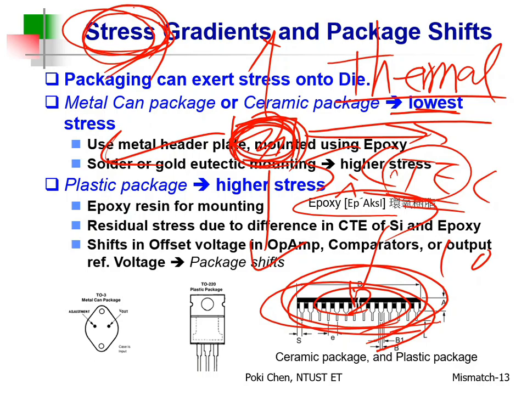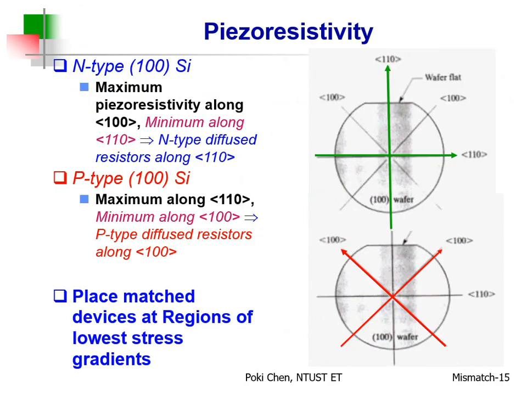That is the only way you can do it. And we have the other issue called piezoresistivity, 压阻效应, okay? Voltage and resistance.